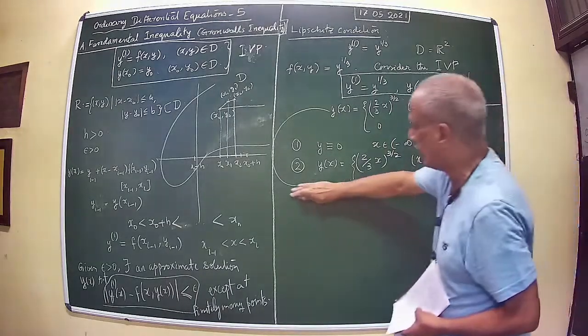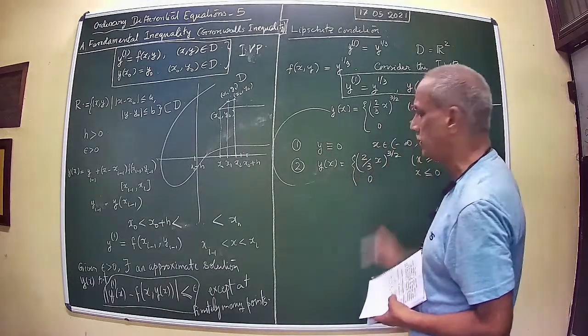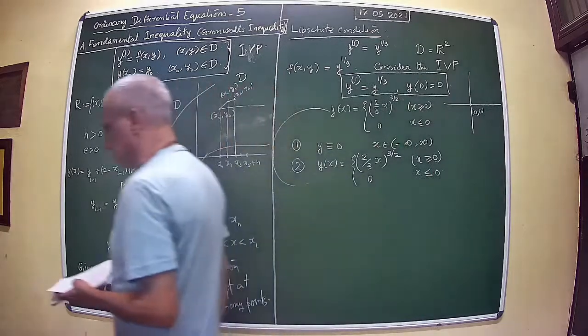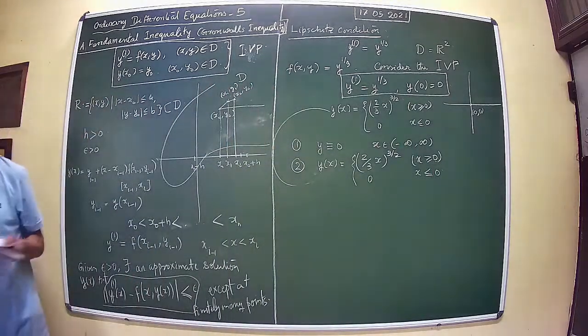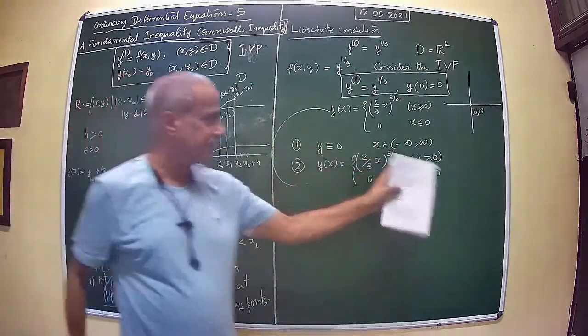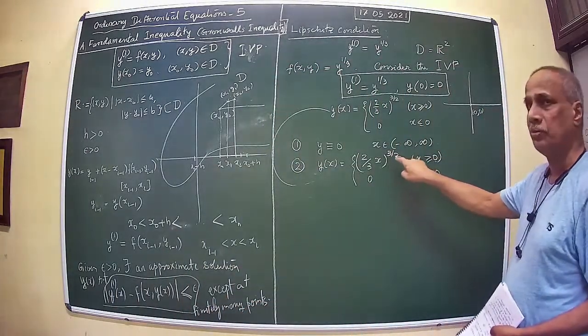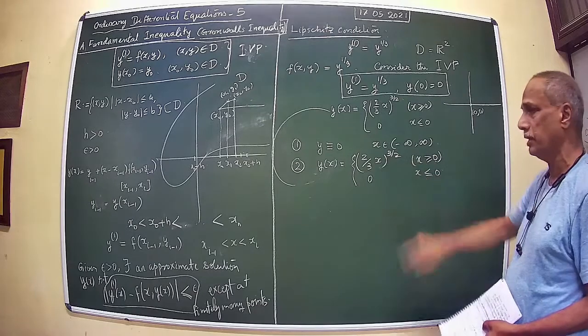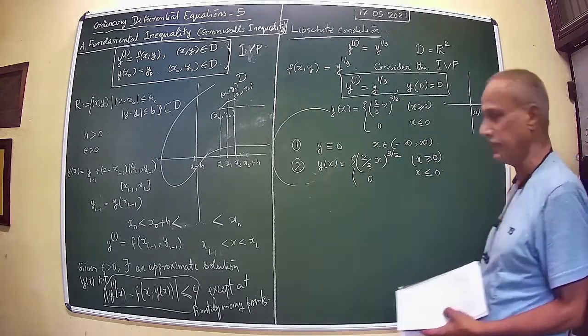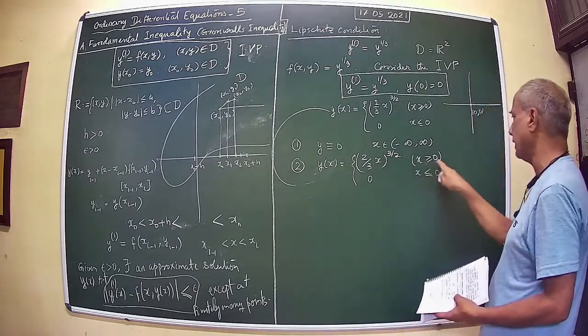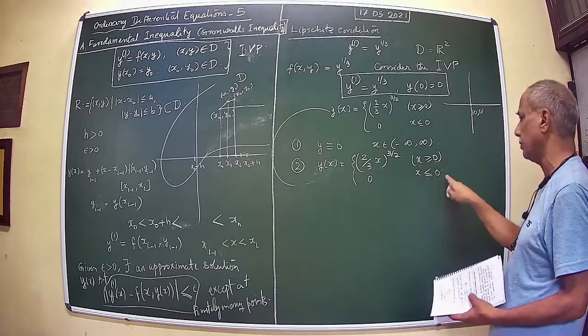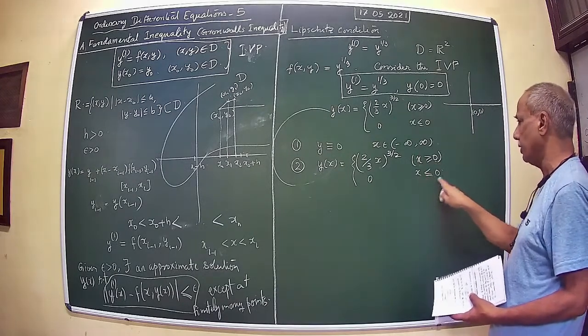You can easily see that, just substitute this and it satisfies the equation. Of course, you cannot use the same idea for x negative, because you have got x to the power 3 by 2 coming when x is negative. This is not defined as a real valued function. That's why you are writing it on x greater than or equal to 0, or x less than or equal to 0.